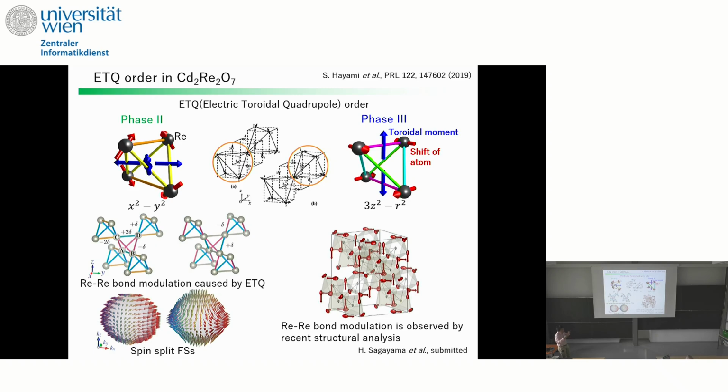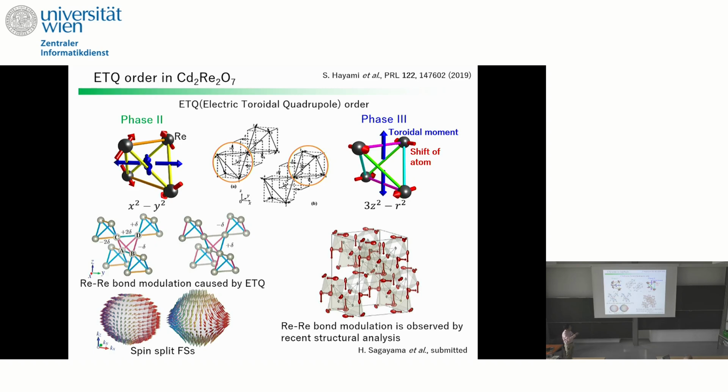We have this kind of twisting displacement in this direction, and this twisting displacement of the rhenium atoms induces a different distribution of electronic charge and induces a toroidal moment along this direction.